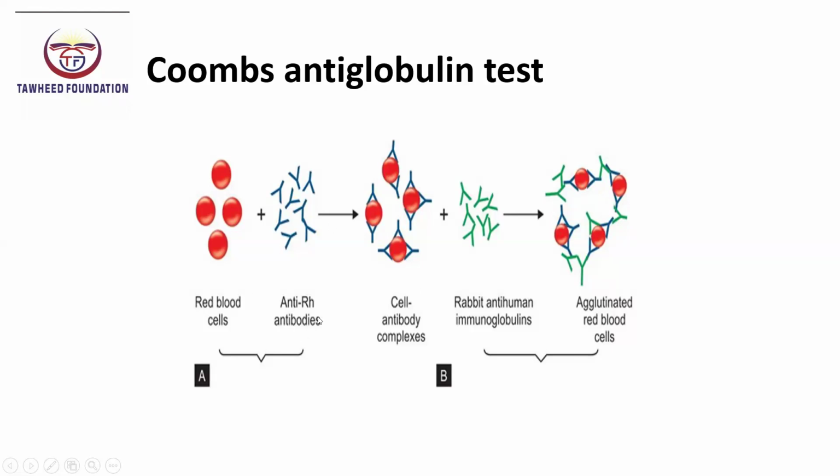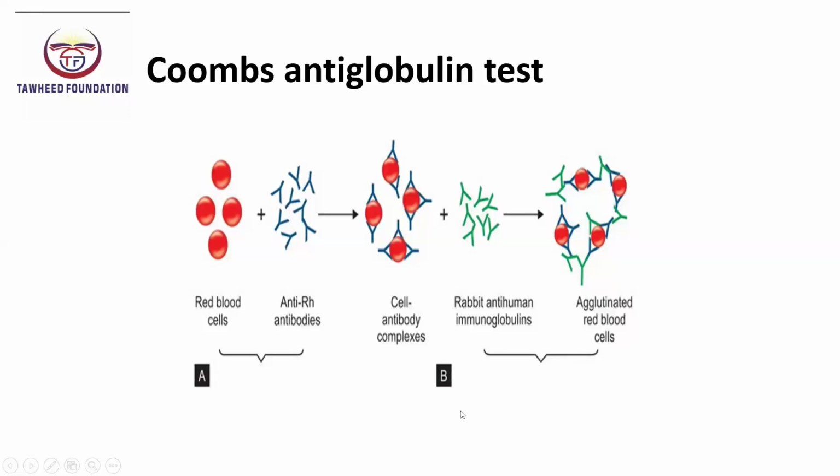However, the number of bound antibodies is too small to cross-link the RBCs and form visible clumps. So even though antibodies have bound to the RBCs, no hemagglutination is seen at this stage. This is why we cannot detect RH positivity with just the first antibody reaction. When antibody concentration is low, the RBCs appear free and separate.